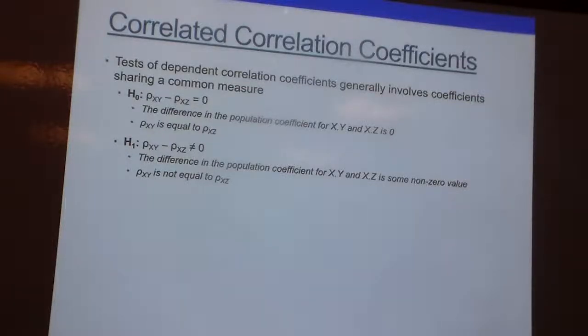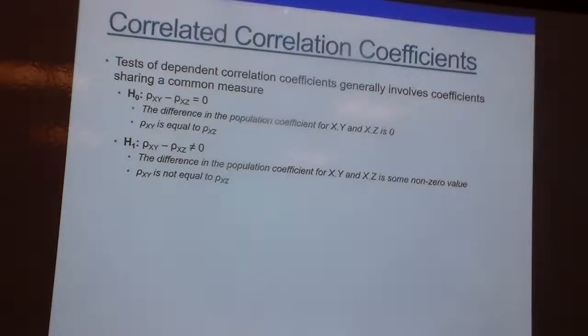We have positive affect, negative affect, and then anxious arousal. And so maybe I'm interested in this piece of PTSD, which, based on theory, should have a stronger correlation with anxious arousal than positive affect.